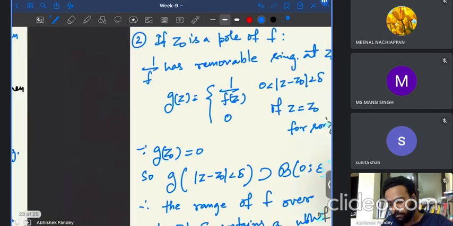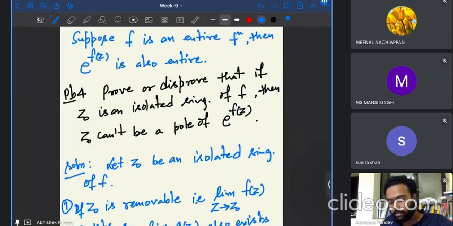So it means that if z naught is an isolated singularity of f, then e to the power f(z) cannot have a pole at z naught.